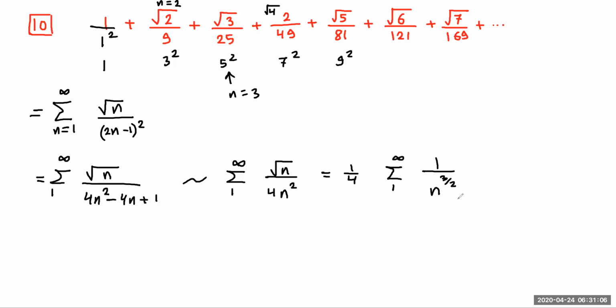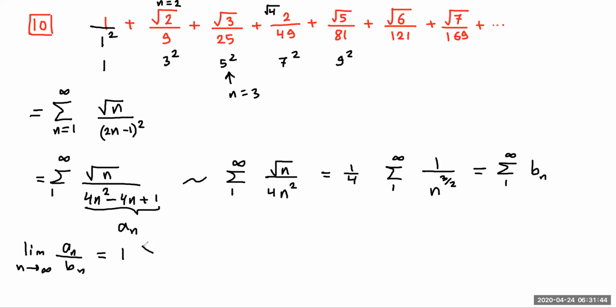If I call this term, this series sigma bn, or 1 over 4 sigma bn, no problem, from 1 to infinity, and here I call this term an, so if we take the limit of an over bn when n goes to infinity, I will take bn with 1 over 4. So what is the limit of an over bn? It's 1 when n goes to infinity, because it's defined like this.